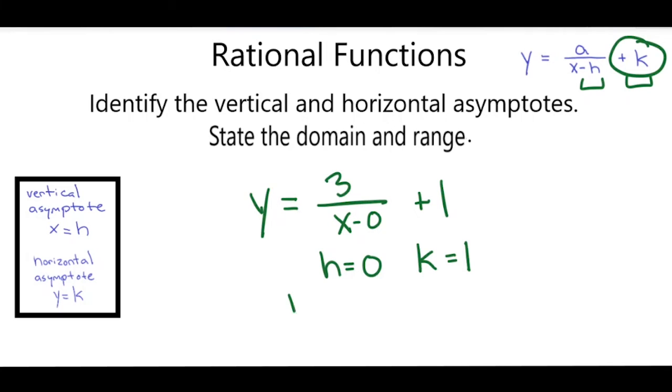So my vertical asymptote is x equals 0, and my horizontal asymptote is y equals 1.